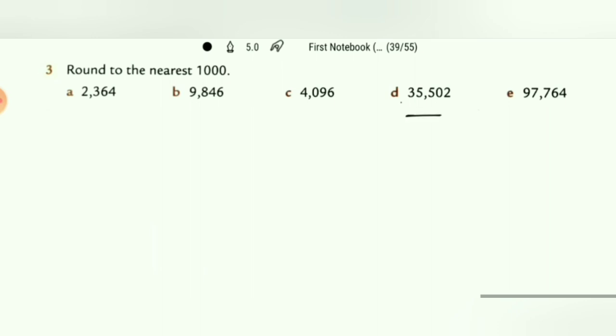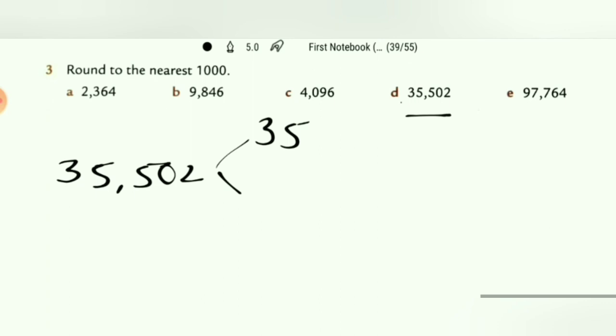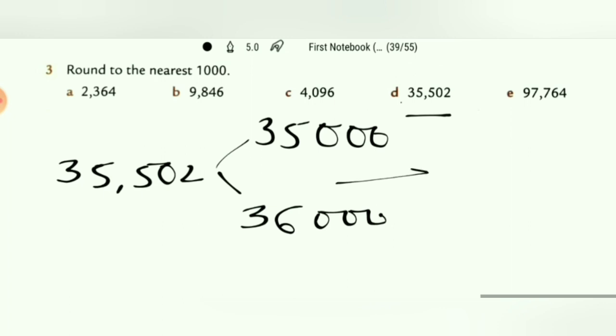See this one. 35502. So this we have to convert to the nearest 1000. 35,000, 36,000. The middle value is 35,500.